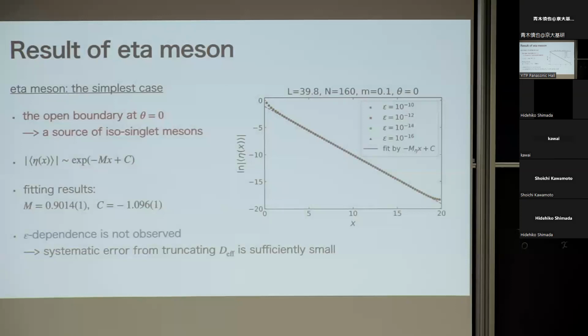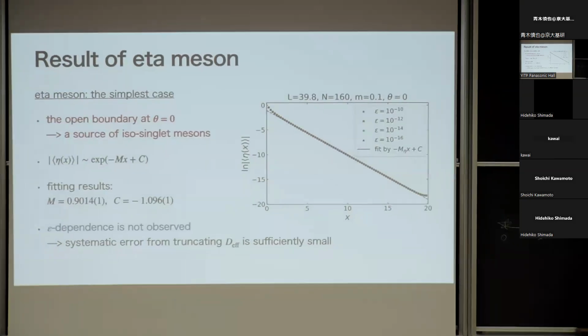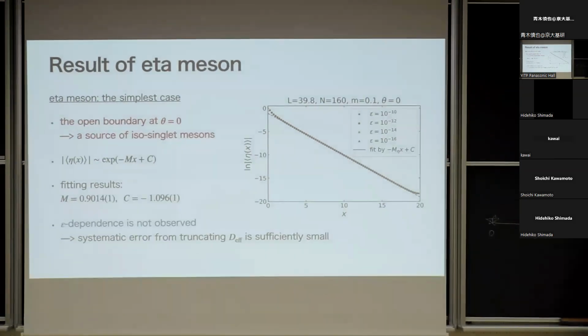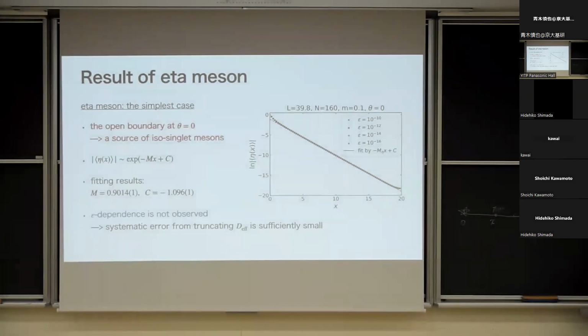Of course, if we get a zero momentum state, there is no 1 over R correction. But I cannot understand why the boundary state is a zero momentum state. By some reason, yeah, possibly.